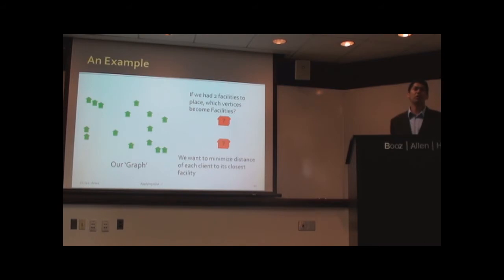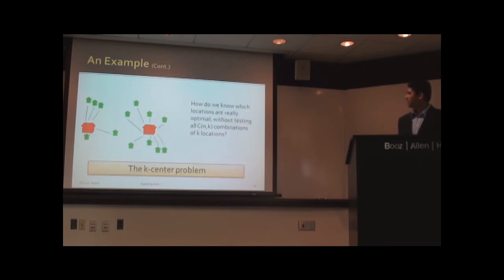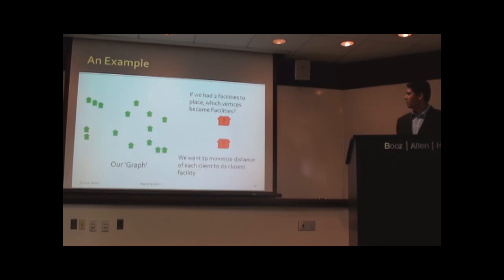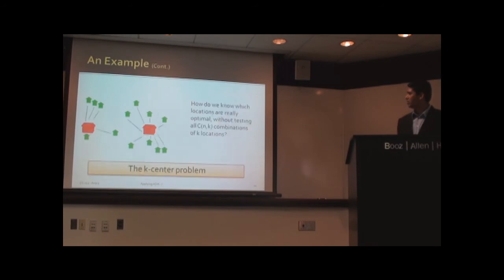This is also called the minimax problem. You're trying to minimize the maximum distance over all vertices to their closest facility. And it's possible that these two places, this node here and this node here, could become the facilities that we are referring to. This particular problem is called the k-center problem.